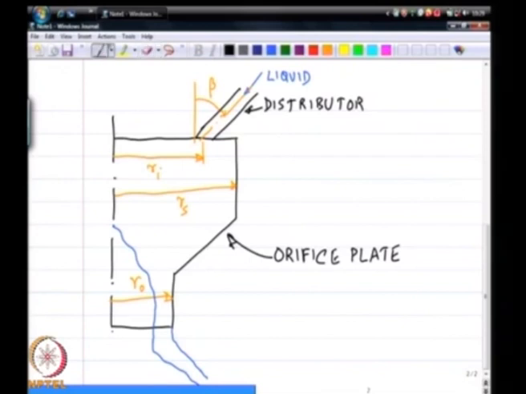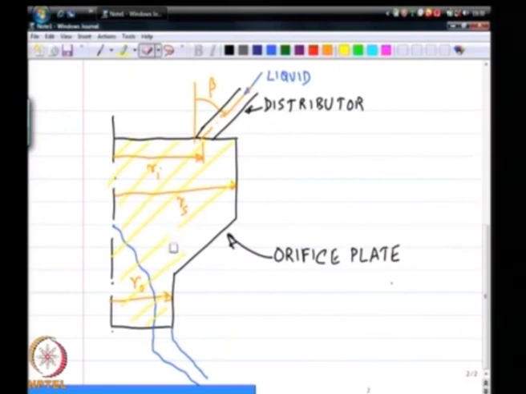Now, the distributor element has a set of tangential slots, and in this case we have shown those to be at some angle beta, and so they are bringing in fluid into this passage here. I'll sketch this just to show you. This is the passage that is enclosed by the distributor and the orifice plate.